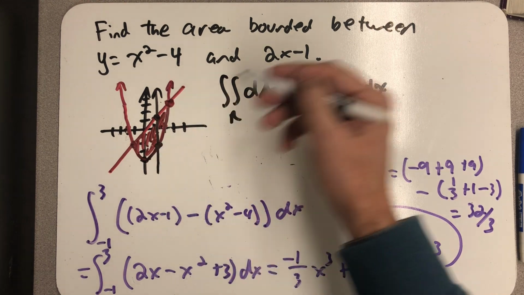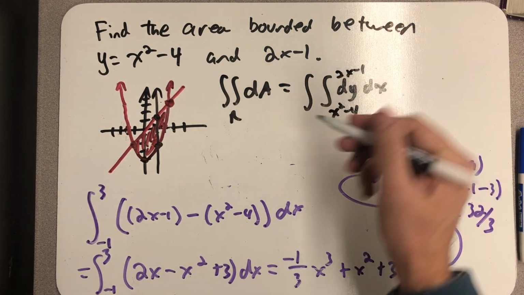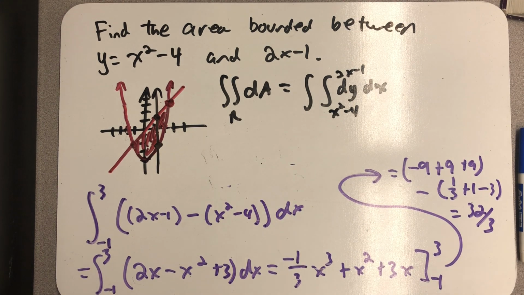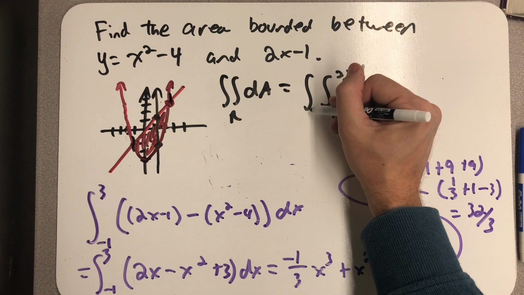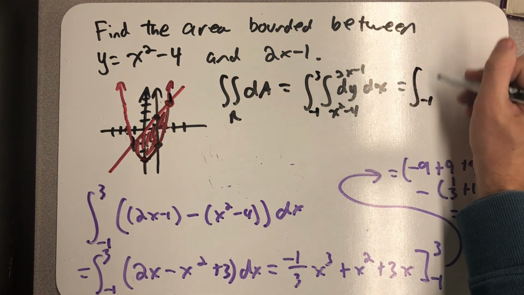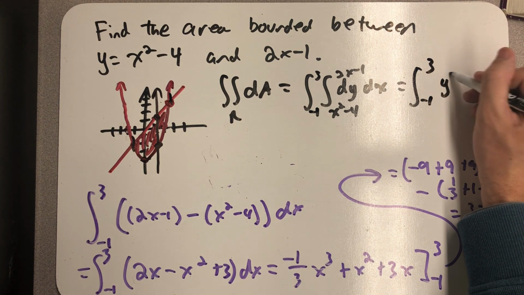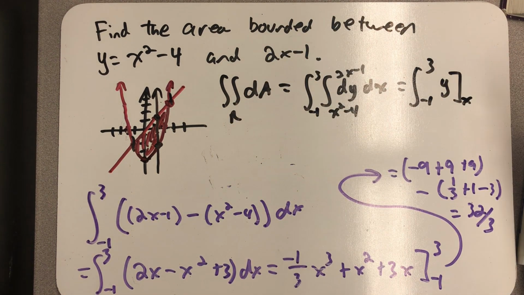All right, well, I go in through the parabola and then out through the line. And then I need bounds for x to include the whole region. Because we've already set these equal to each other, I know that's minus 1 and 3. So we do one round of integration. And the antiderivative of 1 with respect to y is y.